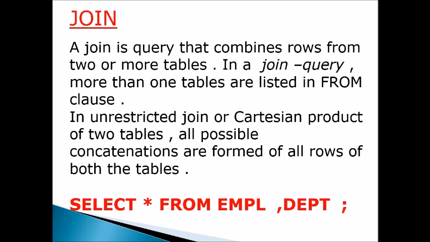So if you write select asterisk from EMPL, DEPT, where EMPL and DEPT are the names of the 2 tables, it will find the Cartesian product of the 2 tables EMPL and DEPT. So this is the query to find the Cartesian product of 2 tables, that is EMPL and DEPT.